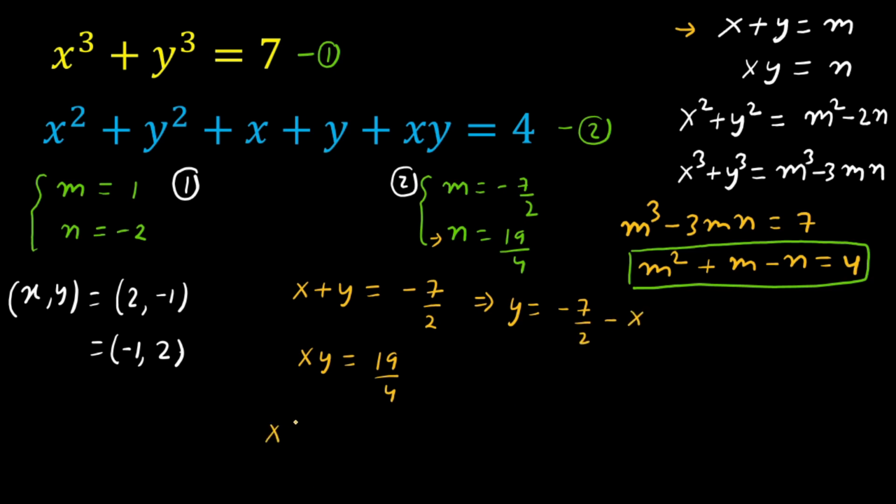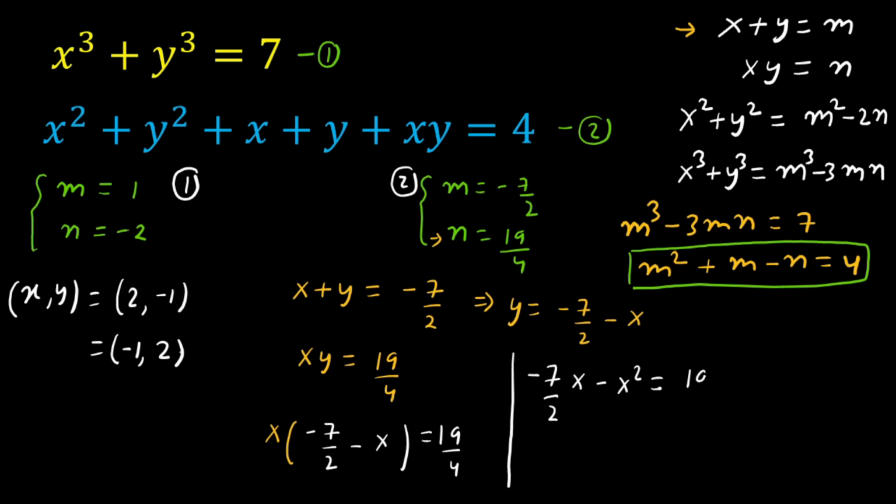Then x times (minus 7 over 2 minus x) is equal to 19 over 4. If x is multiplied inside the bracket, then minus 7 over 2 times x minus x square is equal to 19 over 4. Now if you solve this, you will get 4x square plus 14x plus 19 is equal to 0.